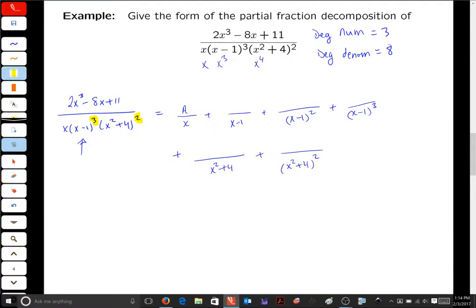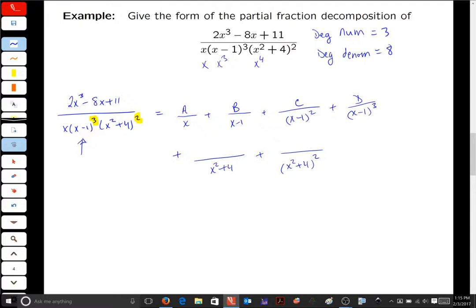What do you think we need over x minus 1? The degree inside the parentheses is still 1. C. And then d. Don't get this confused with the degree outside the parentheses. I'm looking directly at the x itself, not at the power outside.